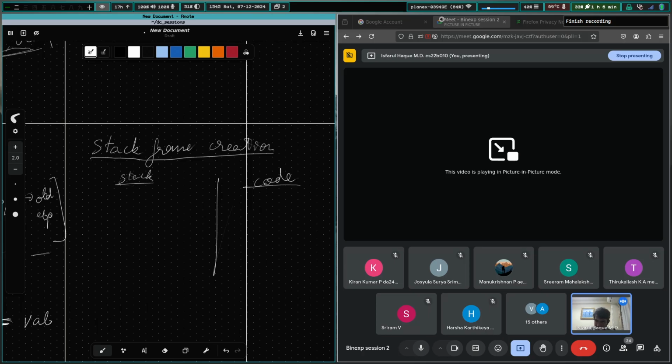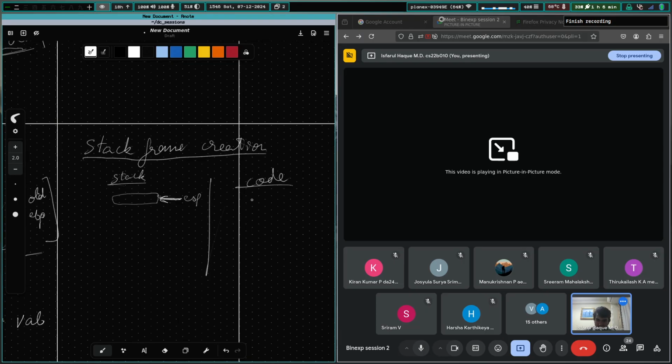I am drawing it separately so that it becomes easier. ESP is here. It points to something. That something is also very important. I'll cover that next. So you do a push EBP. Now the old value of EBP is pointed to by ESP.